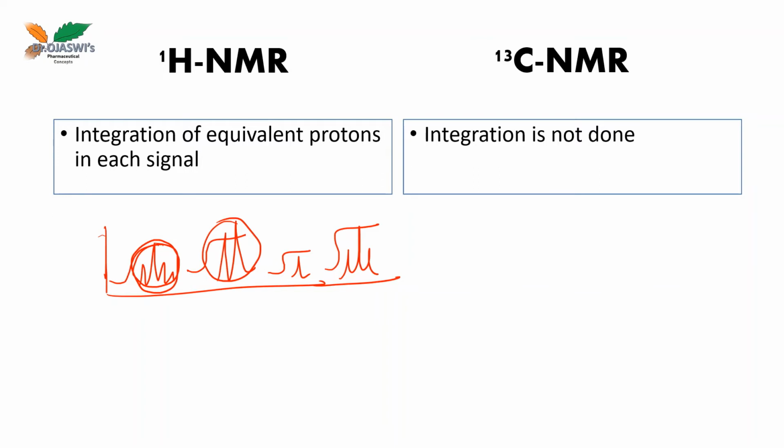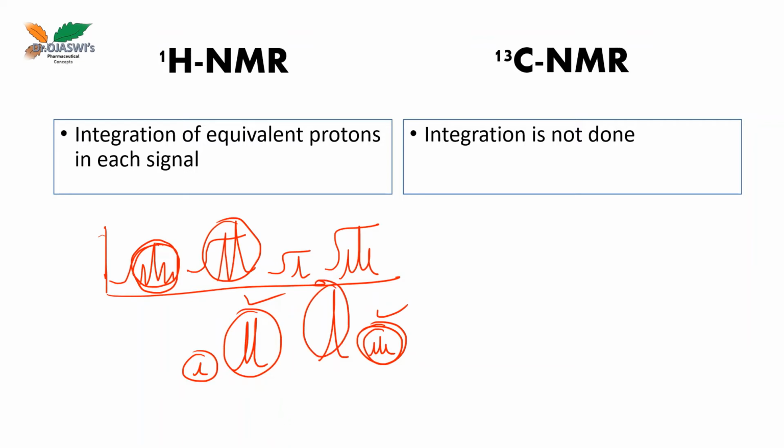In simple words, if I have a smaller peak and a larger peak, the number of hydrogens represented by the larger peak will be more. Suppose my singlet is very strong but my triplet is a very short peak, then the number of hydrogens represented by the triplet is lesser.